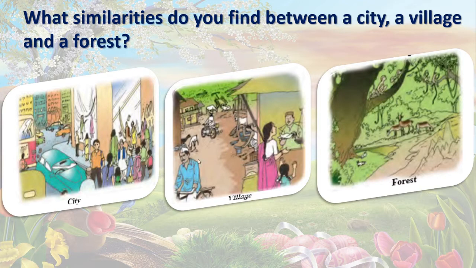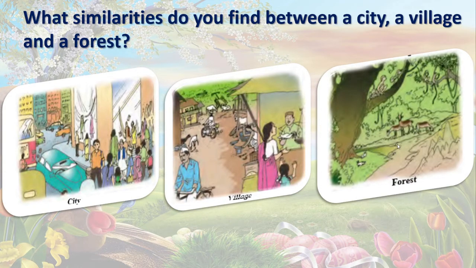Yes, correct. Here we can see the living beings, means here human beings. We can see man, woman, right? Here also we can see living beings. We can see animals, people, correct?